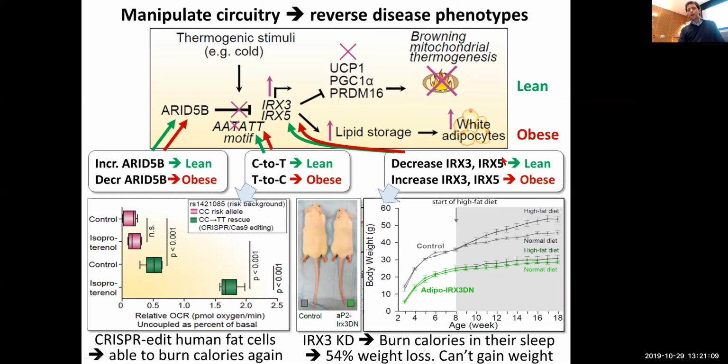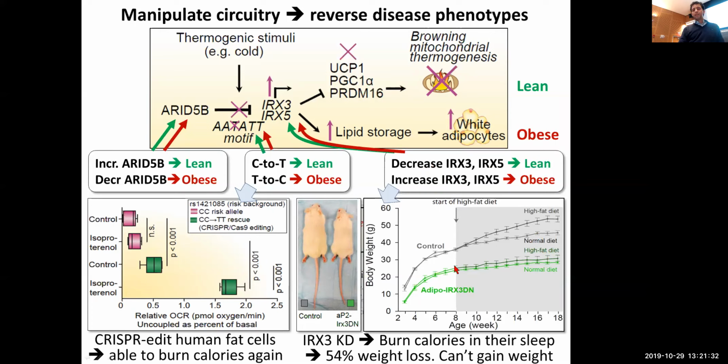And then altering the downstream target genes has dramatic organismal consequences. So if you go into mice and you decrease these IRX3 and IRX5 that are increased in disease, you basically see that the mice lose 50% of their body weight and they become unable to gain weight on a high-fat diet, okay?